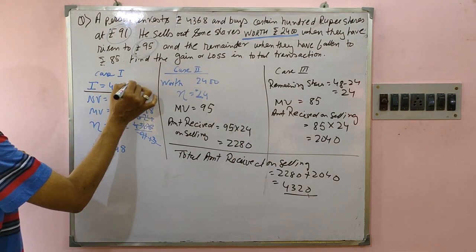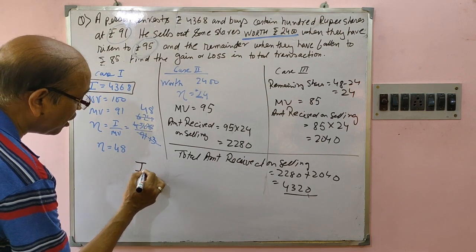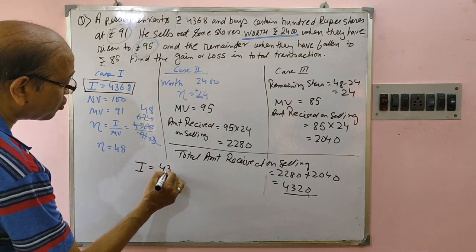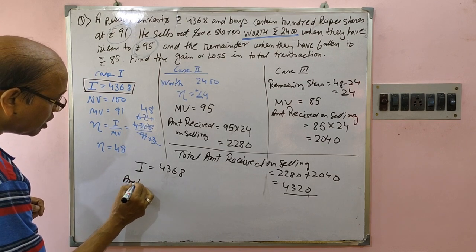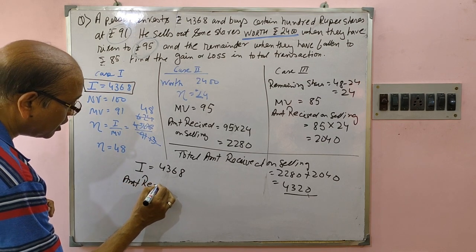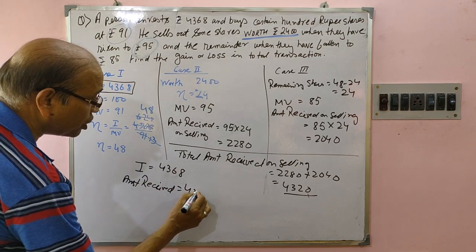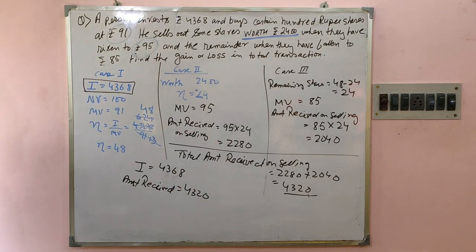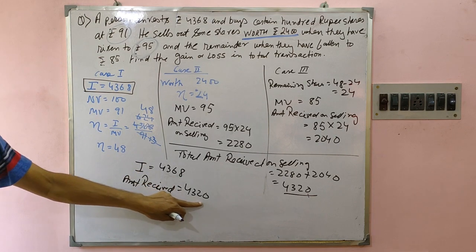His investment was 4368, and the amount received is 4320. Is it loss or profit? He has invested 4368 and he has got 4320.